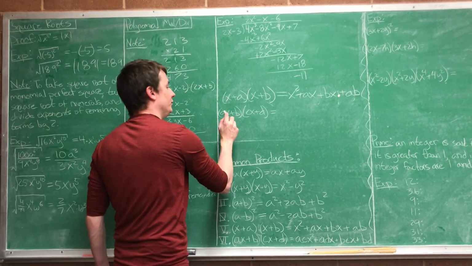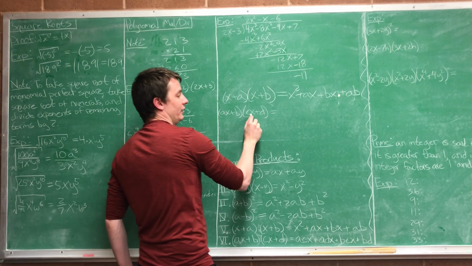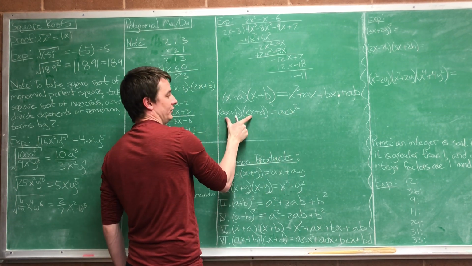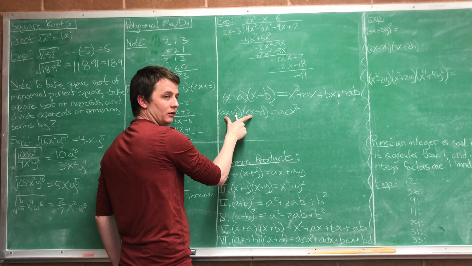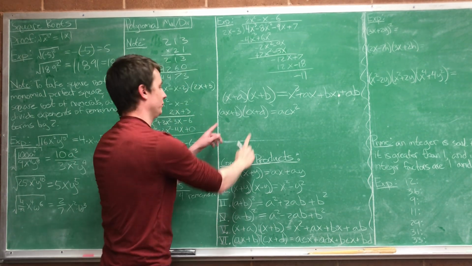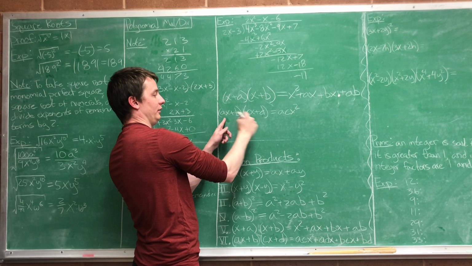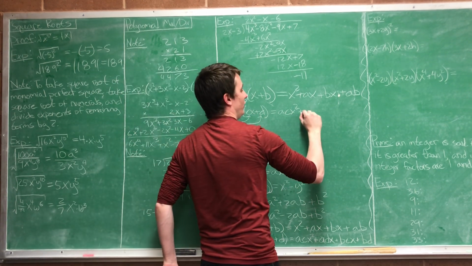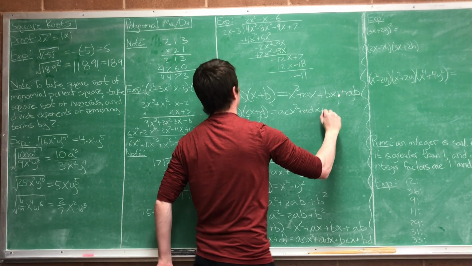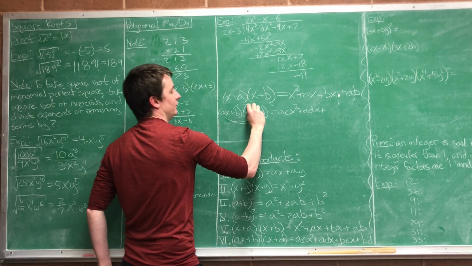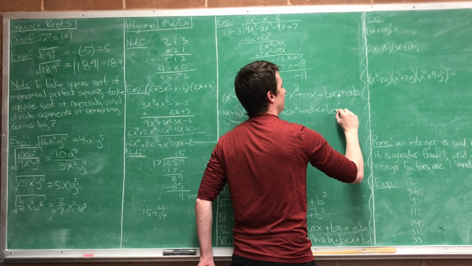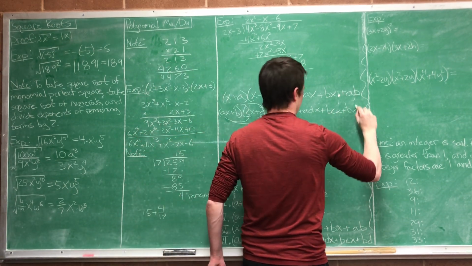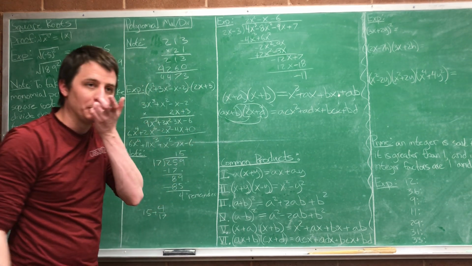And so that's equal to ax times cx is going to be acx squared. That's those two multiplied together. Plus, so then I'm going to distribute this to this. So I did this to this, now I'm going to do this to this. That's going to be plus adx, plus, now I'm going to do this to this, that's going to be bcx, plus now I'm going to do this to this, which is going to be bd. Which is exactly what I have written right there.